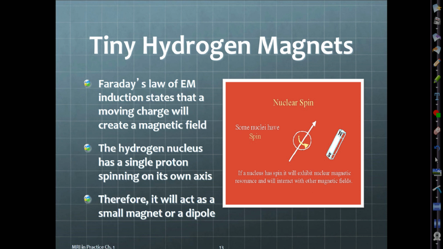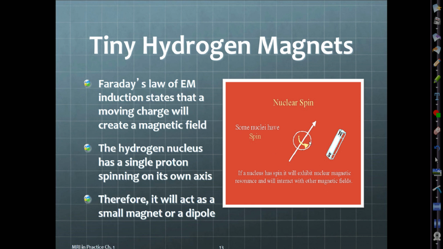Faraday's law of electromagnetic induction states that a moving charge will create a magnetic field around it. Right? And remember the left thumb rule. You can also do it with the right thumb rule, where you have the charged particle as your thumb, and then your fingers are the magnetic field, parallel or perpendicular to that charged particle. Do you remember? Perpendicular, 90 degrees, yeah. So the same concept here.